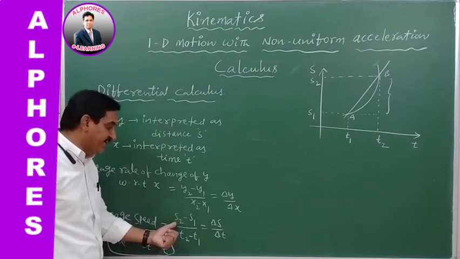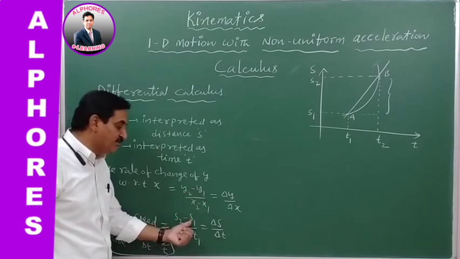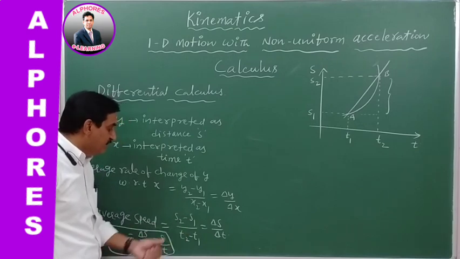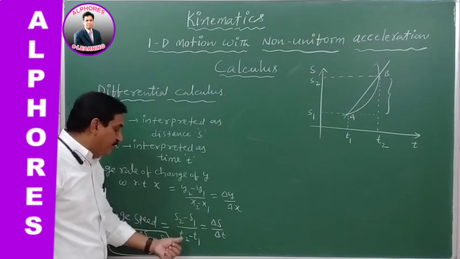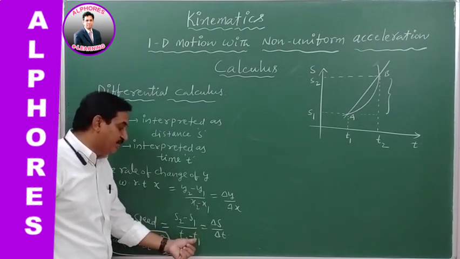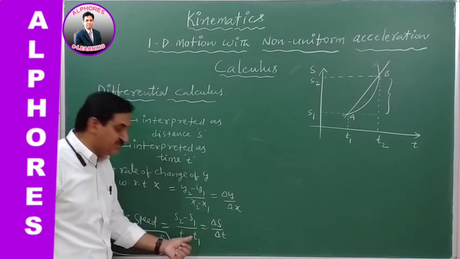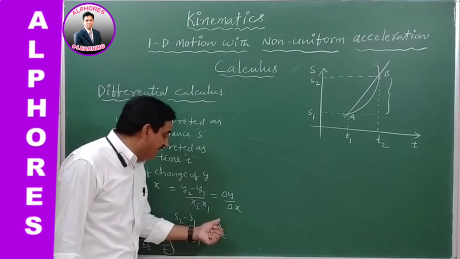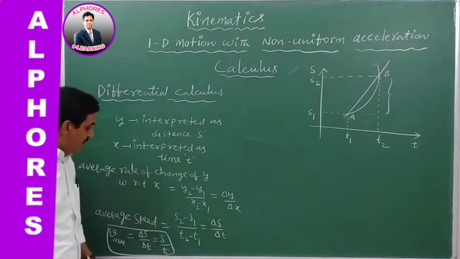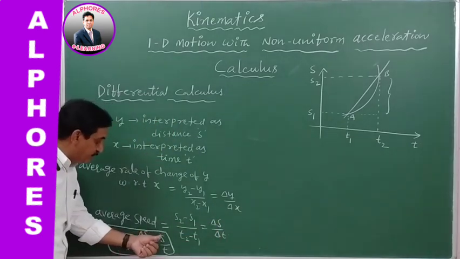So y2 corresponds to s2, y1 to s1, x2 to t2, x1 to t1: s2 minus s1 by t2 minus t1, which leads to delta s by delta t, also taken as s by t.